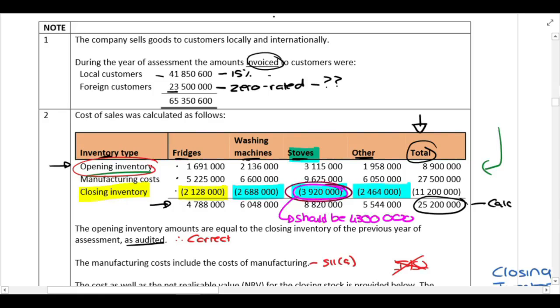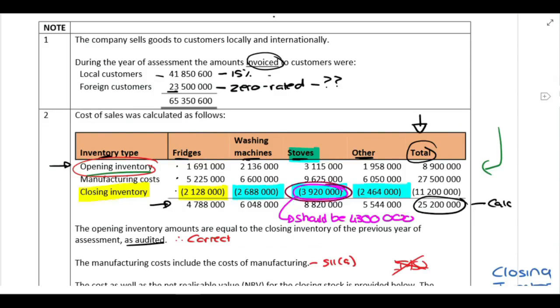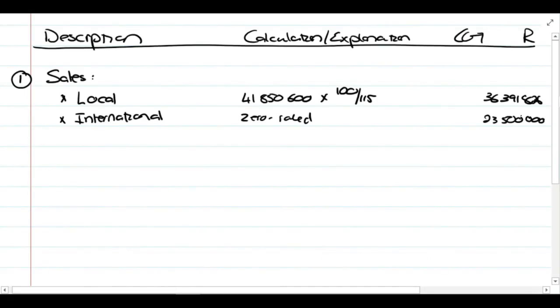And the foreign customers, this is zero rated, just reminding you. So the amount that is given there is correct for us.